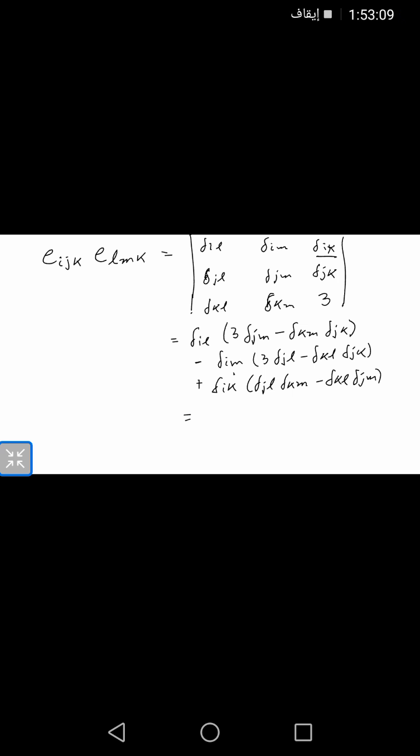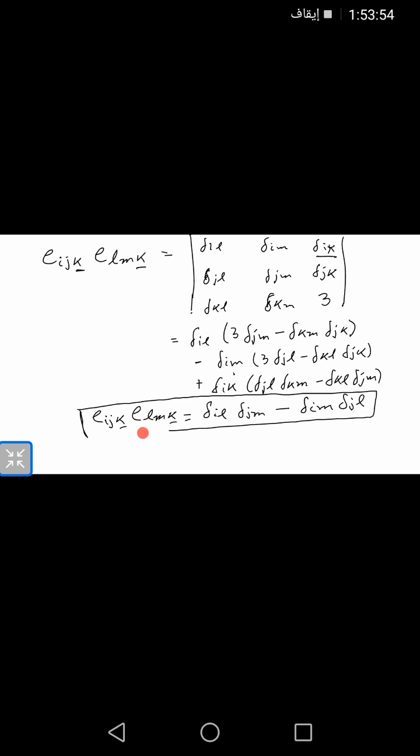Solving this, you will end up with the following expression: delta_il delta_jm minus delta_im delta_jl. So it means that when you have the product of two permutation symbols with the same index, you always have the following expression, omitting this index here.